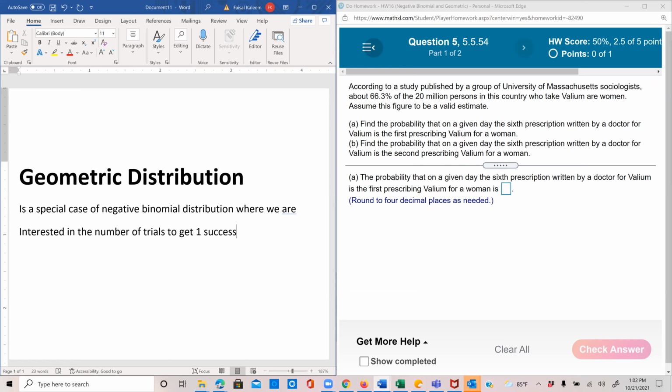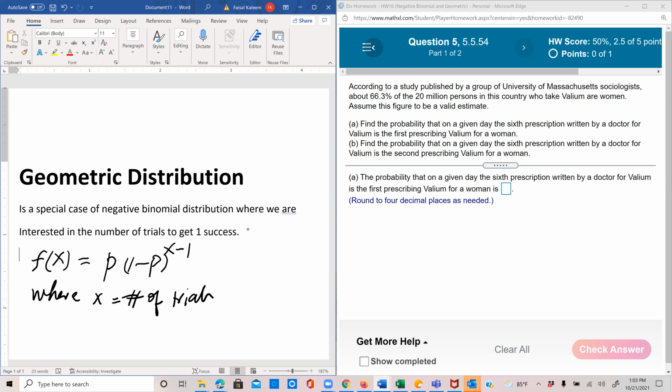So the probability function in this case is given as f of x is equal to p power x, p power k, actually p power 1 because k is 1, and 1 minus p power x minus 1, where x is equal to the number of trials for first success, and p is the probability of success in each trial.